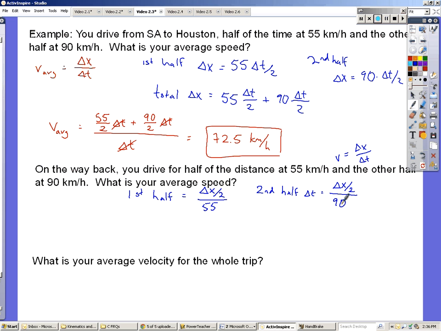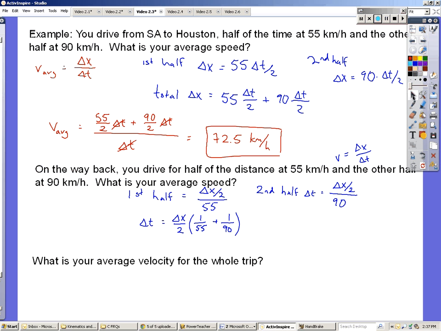And so delta t, the total delta t, is delta x over 2 times 1 over 55 plus 1 over 90. I skipped a number of algebra steps there.